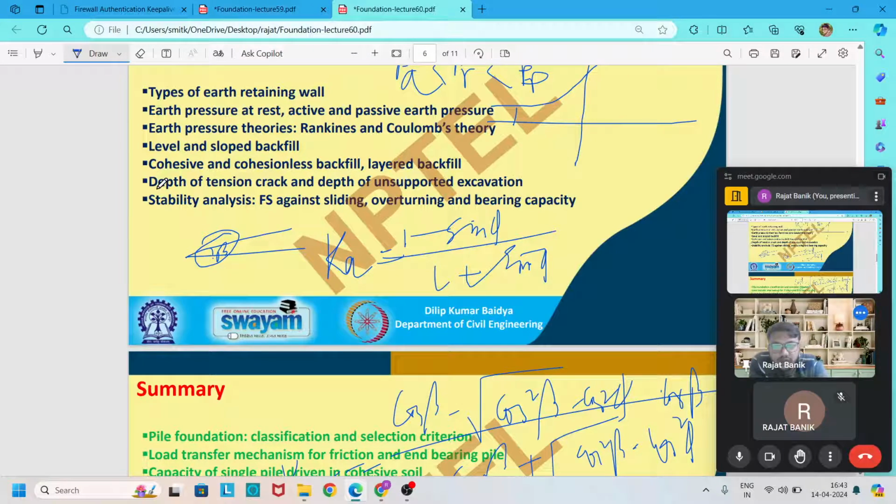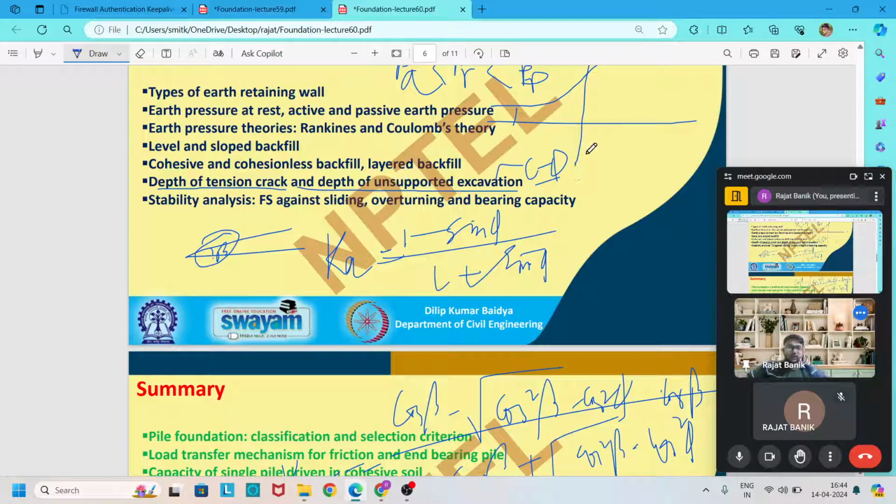Then we studied the depth of the tension crack and depth of the unsupported excavation. This case is for c-phi soil, where cohesion C and also an angle of internal friction of the soil, that is, sandy nature of the soil, are present.